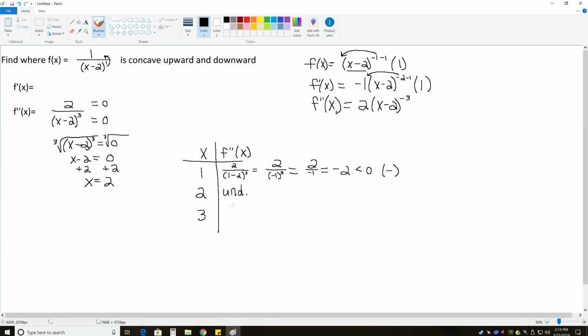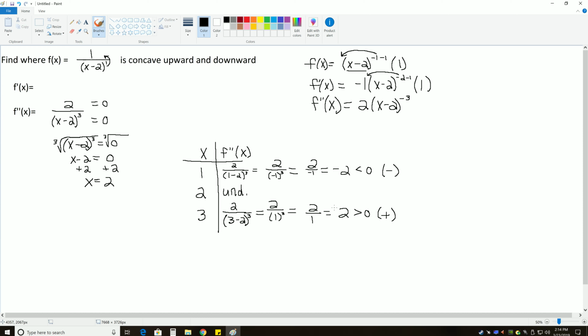Now we'll test 3. So we plug 3 into our second derivative, which gives us 3 minus 2 to the third. And we'll go through this one a little quicker. We get 2 over 1 cubed. 1 cubed is just 1. So we get 2 over 1, or positive 2. And again, all we care about is the fact that that is greater than 0, that it's positive.